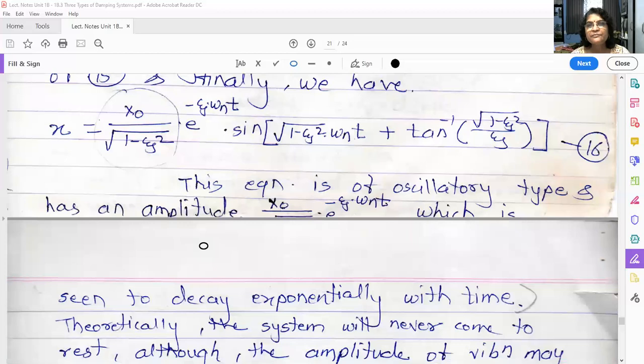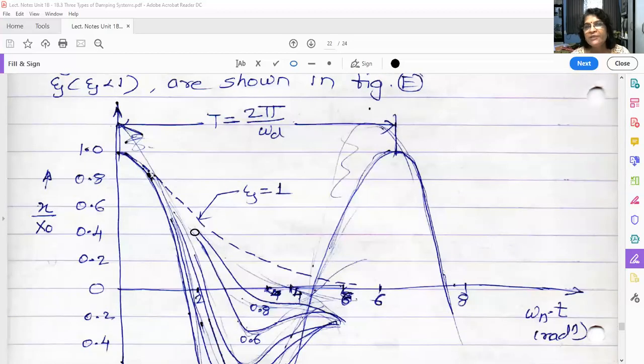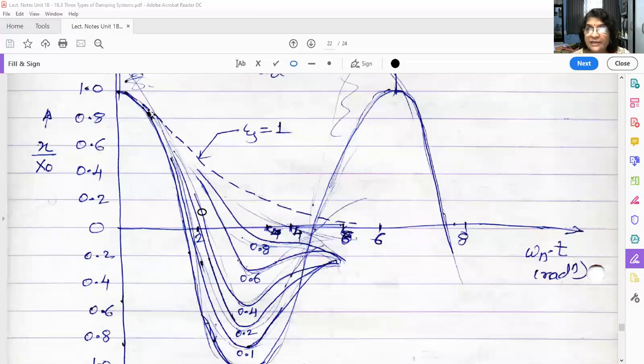Okay, so if we draw the graph now, everything is related to zeta. For deriving this equation, we have assumed the value of zeta constant, and then we have varied the parameter t. So as t increases, x decreases, but we have studied only for one value of zeta.